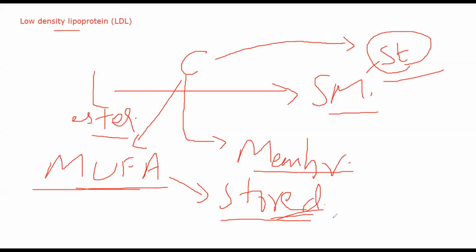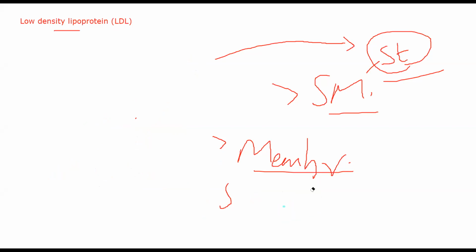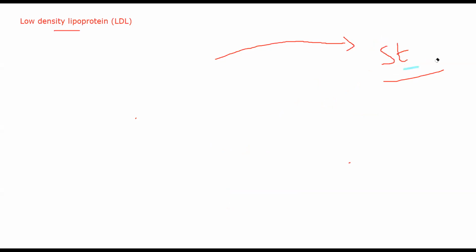All right. Now, why is it bad? Your LDL has a capacity to get oxidized. I will get into the details of this a little bit more in atherosclerosis, which I'll explain in a little bit. But basically this LDL molecule will get oxidized.